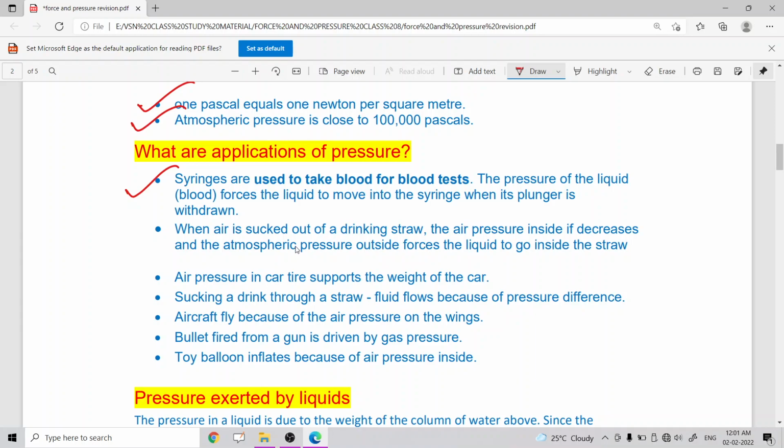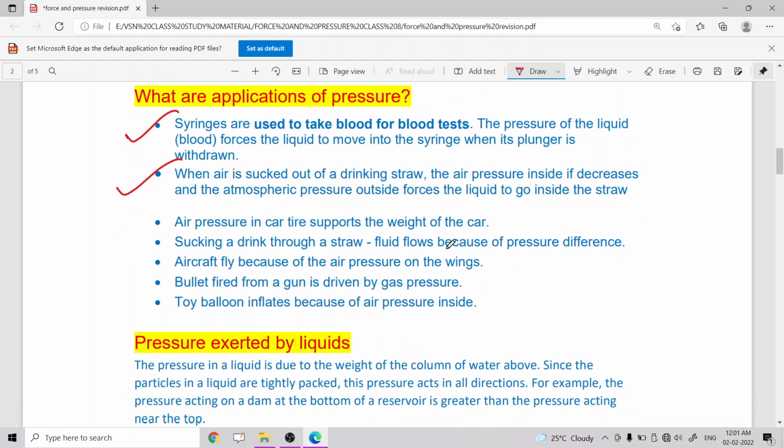Next, when air is sucked out of a drinking straw, the air pressure inside decreases, and the atmospheric pressure outside forces the liquid to go inside the straw. Next, air pressure in a car tire supports the weight of the car.